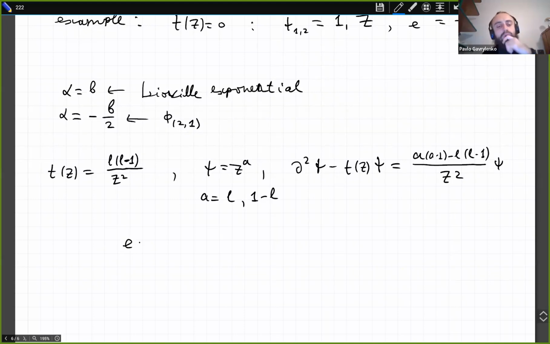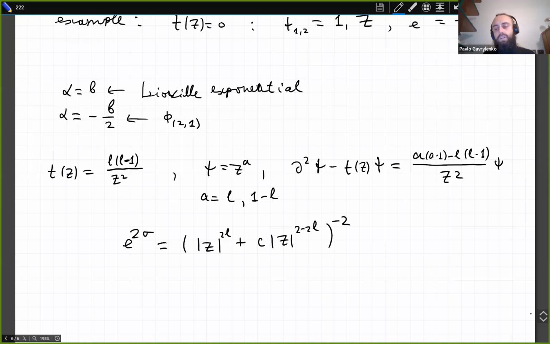So we get e to sigma equals something like the absolute value of z to the power L plus some constant times the absolute value of z to the power 2L, to the minus 2.